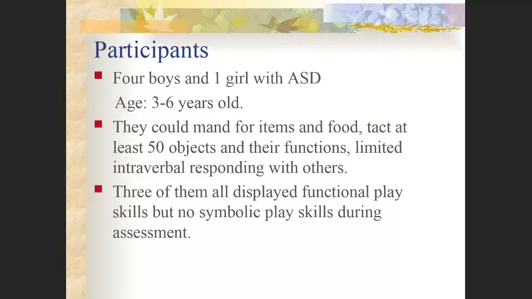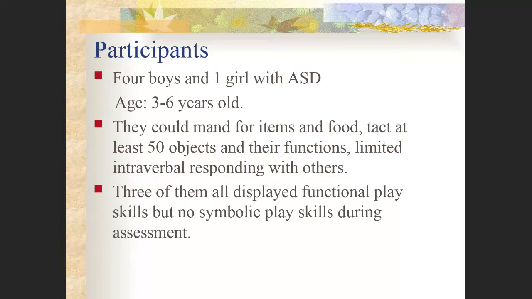All right, next one. Well, it's not going through. Okay, the participants for this study were 4 boys and 1 girl, 5 kids ranging from 3 to 6 years old.